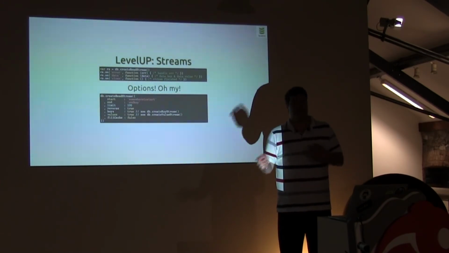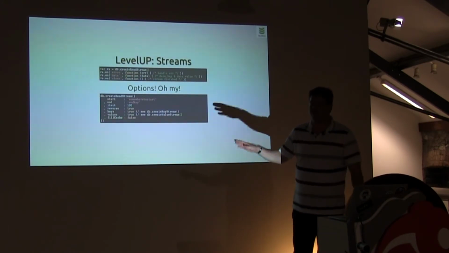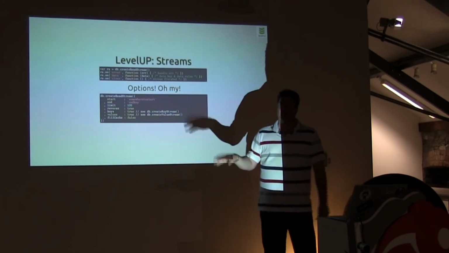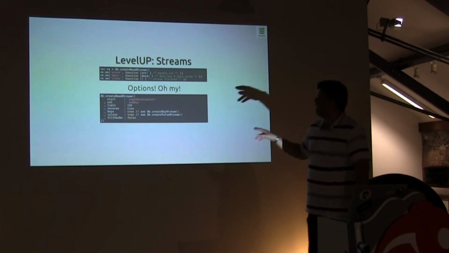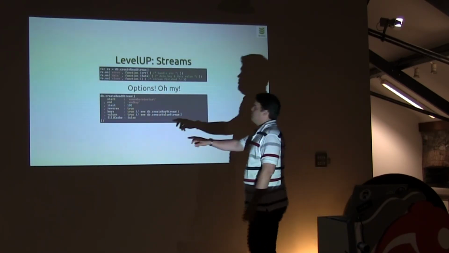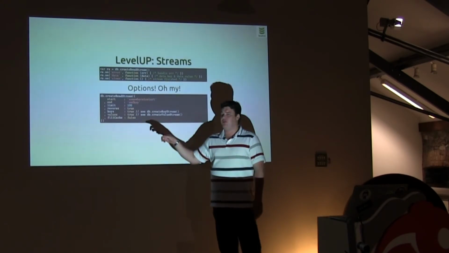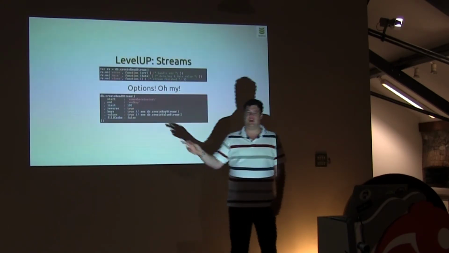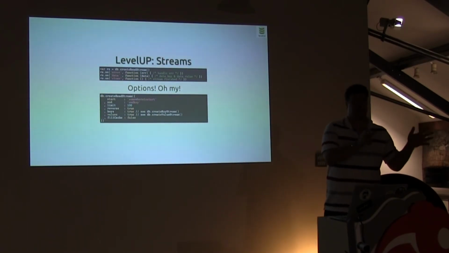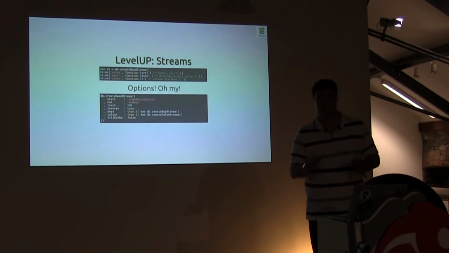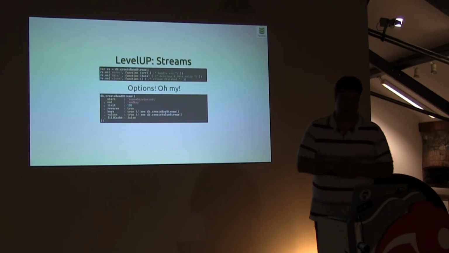So if you just care about keys, you should say I only care about keys, and then it won't have to do the extra copies. And then there's a fillCache boolean, available on most other operations too, where you can say I don't want you to cache these reads. They're not things I'm going to read regularly, and I don't want you to blow up my cache with them.